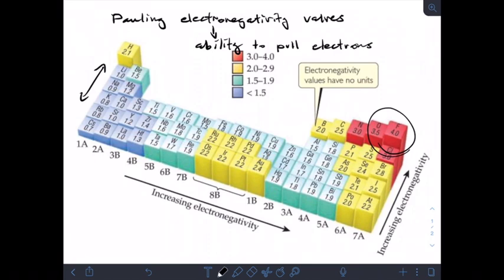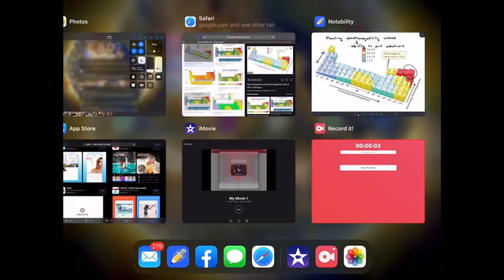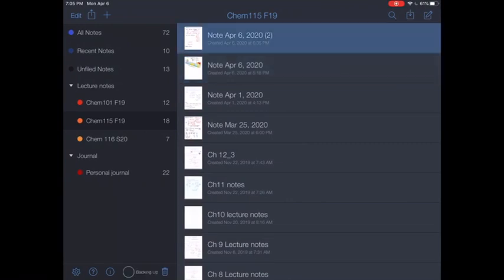And as we go down the table from lithium to cesium, they get even smaller, right? And then as we go to the right and up towards fluorine, the electronegativity values increase rather dramatically.